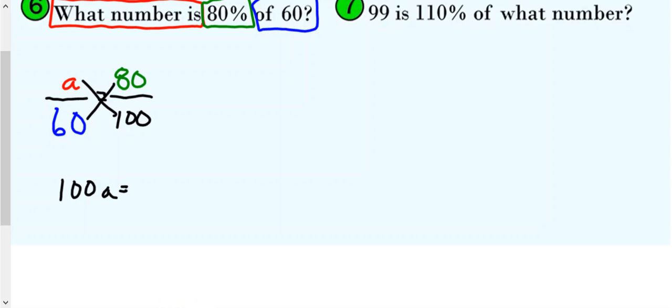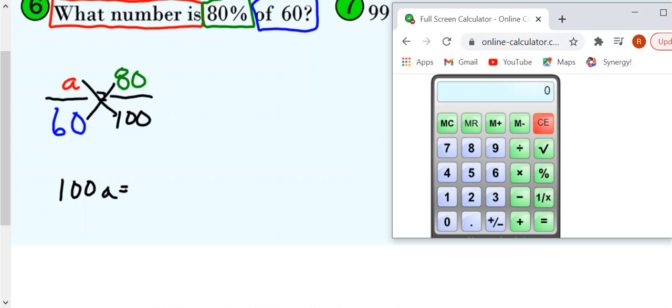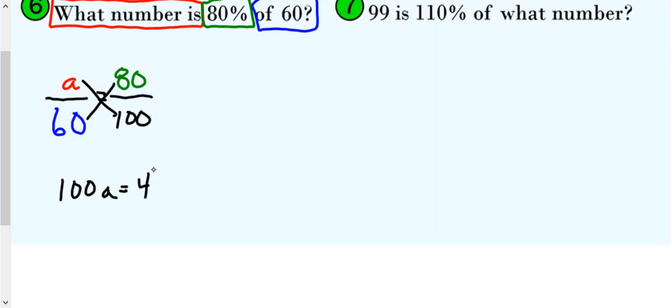And then 60 times 80, go ahead and just bring this calculator real quick. 60 times 80, and that's 4,800. So we get 4,800. And now we can solve for A by dividing by 100. That will cancel, leaving A equals 4,800 divided by 100.